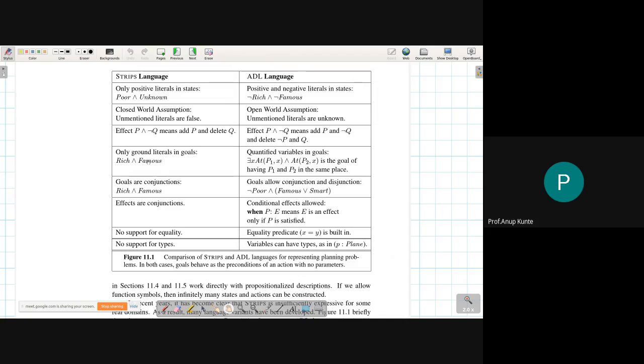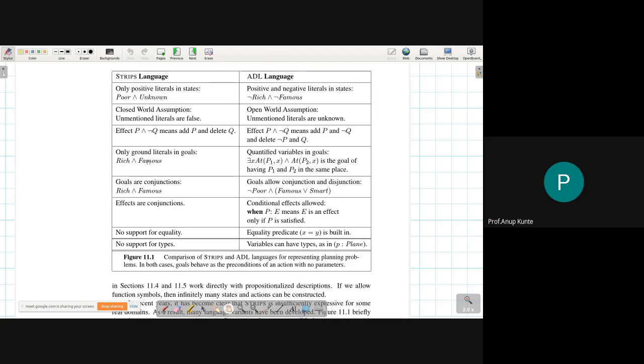Okay. Next thing is that effects are conjunctions. So effects are always conjunctions in the case of STRIPS. Conditional effects are allowed in ADL: P colon E means E is an effect only if P is satisfied. So if precondition P is satisfied, then only E is the effect. There is no way to represent equality in the STRIPS language because we do not have variables as such.